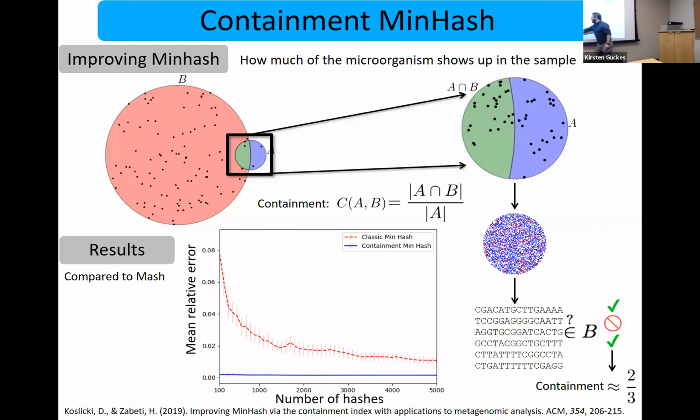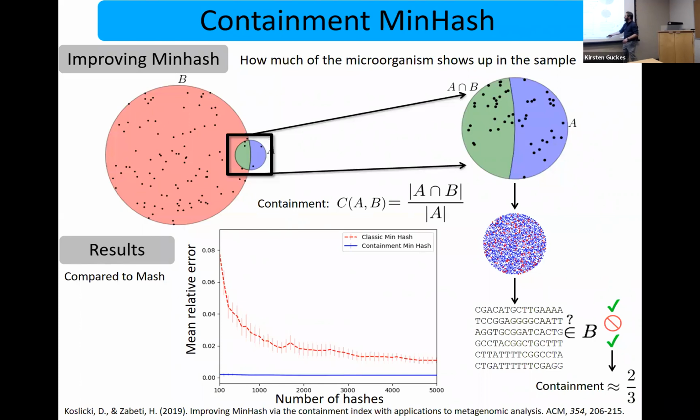And of course, the more samples that you have, for each one of the methods, the errors go down, right? Because we're making more samples, and we can better estimate the size of this area right here. But with this Containment MinHash approach, the error, it's kind of blown out of proportion because of this y-axis right here, but you can see that the error is significantly smaller.